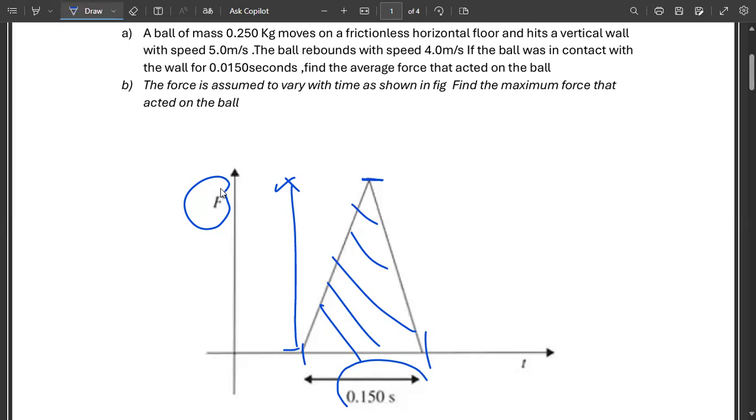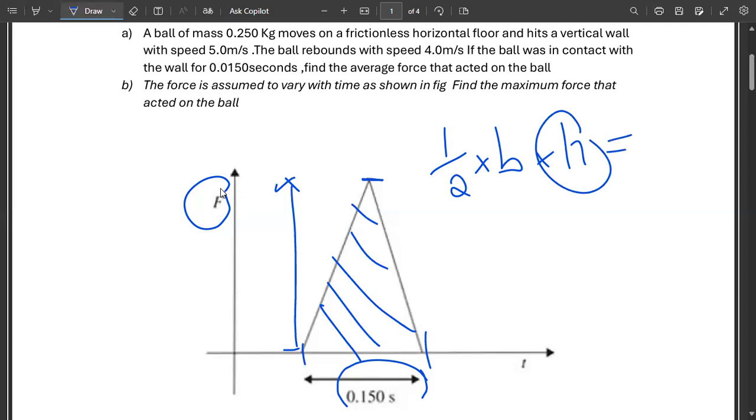So that is making our question even easier, because we know the formula for calculating the area under a triangle is half multiplied by the breadth multiplied by the height. Where are we getting the b and the h? The breadth is the time that is here. The h is the maximum force that we are looking for.